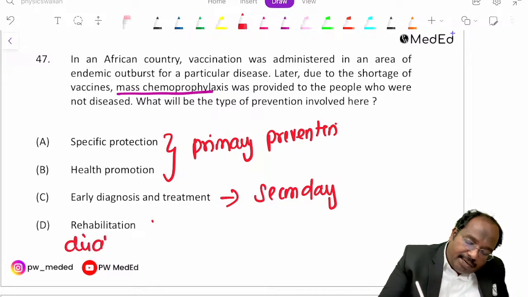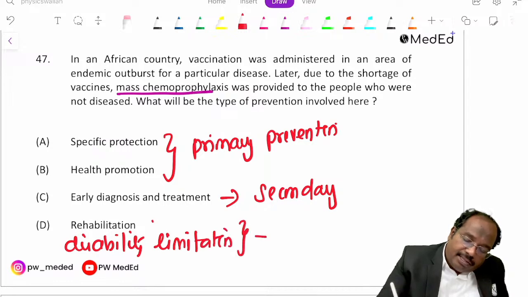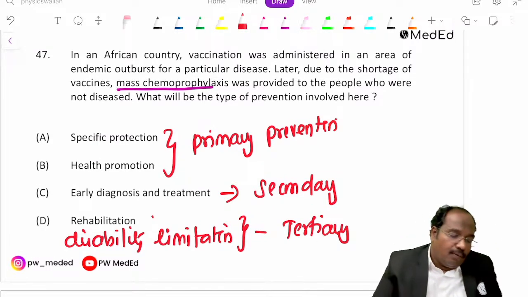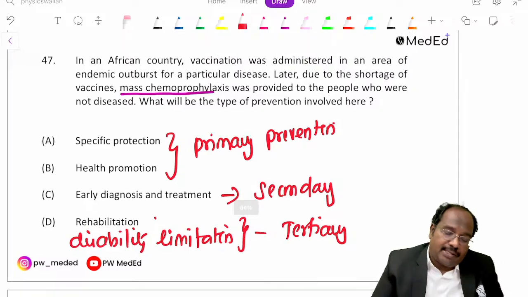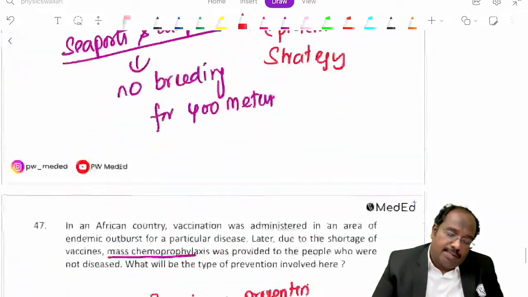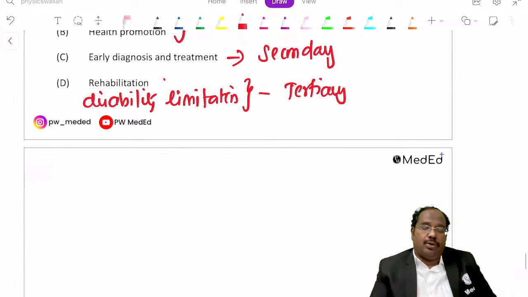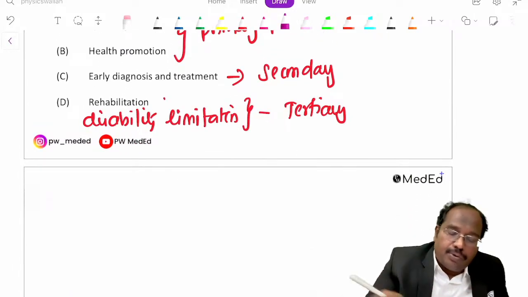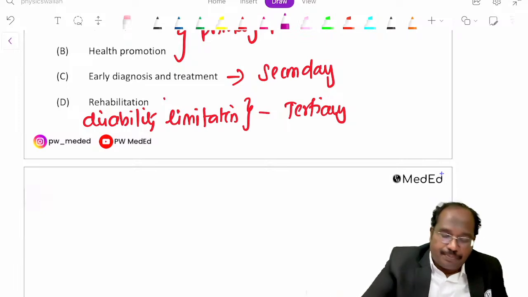Rehabilitation and disability limitation, these are some of the interventions that come in tertiary prevention. The question here is, what about mass chemoprophylaxis? Mass chemoprophylaxis comes in specific protection.